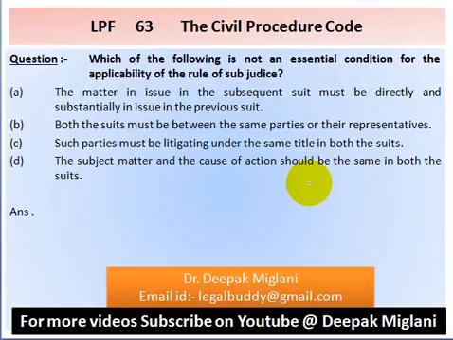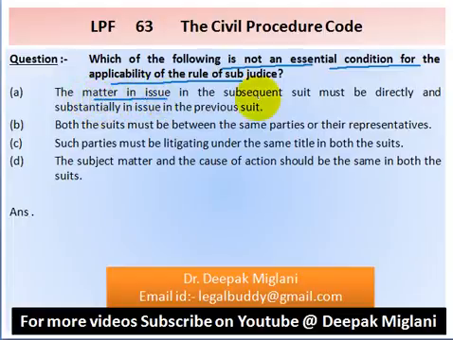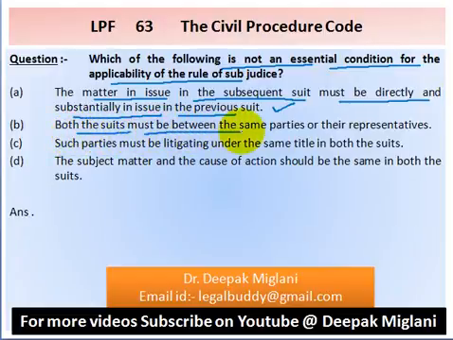Question number 63. Which of the following is not an essential condition for the applicability of the rule of res subjudice? Option A, the matter in issue in the subsequent suit must be directly and substantially in issue in the previous suit, is an essential condition. Option B, both the suits must be between the same parties or their representatives, is also an essential condition.